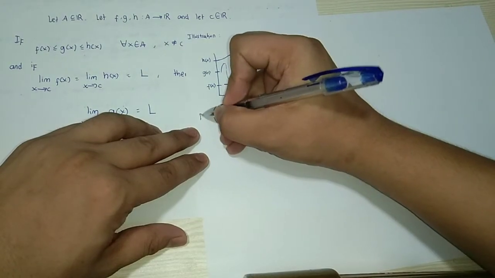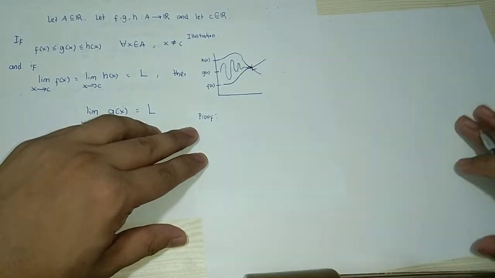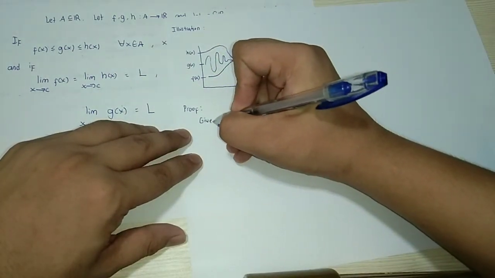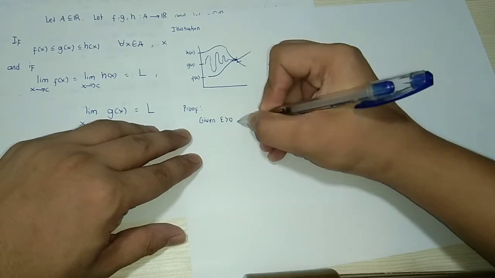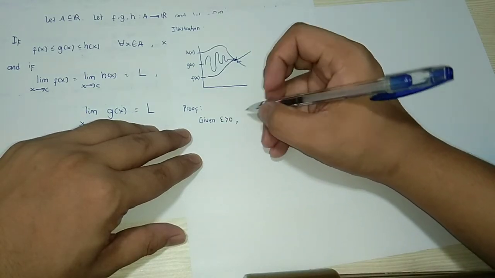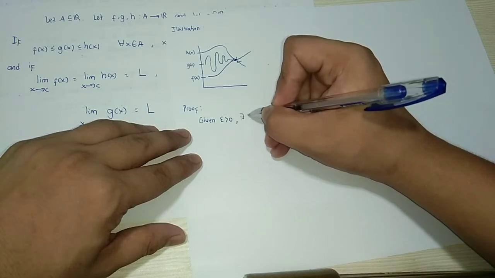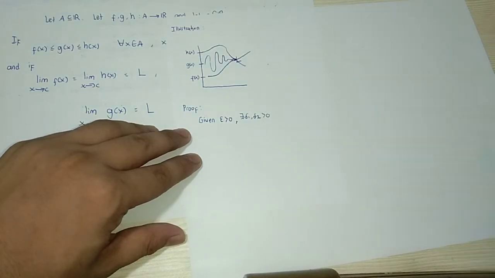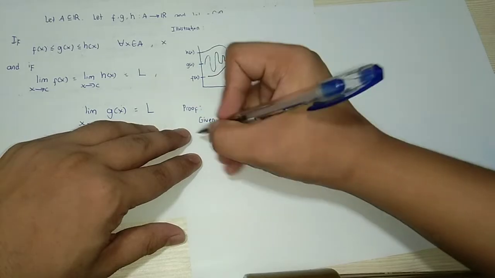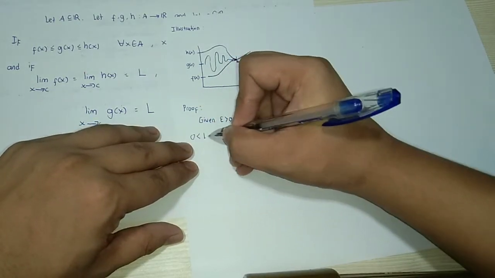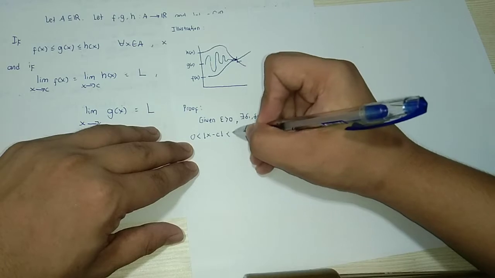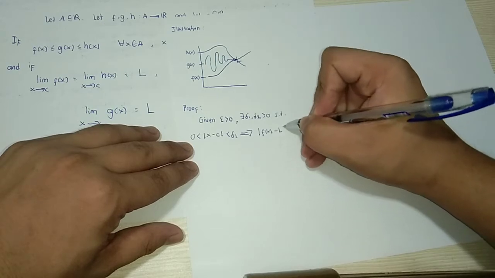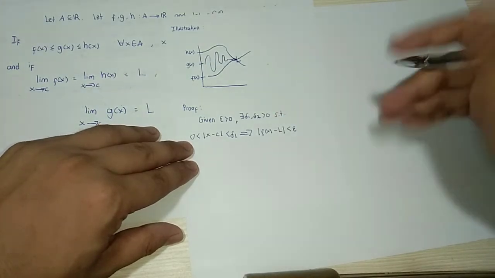So for our proof, okay, so given positive epsilon, by definition of limit, may mag-e-exist tayong arbitrary values, let's say delta 1 and delta 2 greater than 0, such that 0 less than absolute value of x minus c less than delta 1 implies absolute value of f of x minus L less than epsilon by definition of limit.